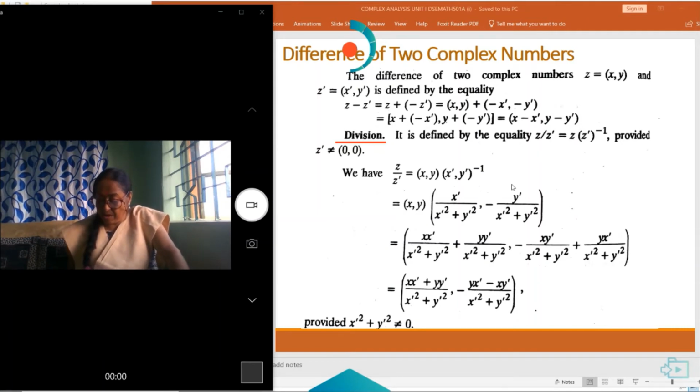Now, division of two complex numbers. Suppose z/z' can be written as (x, y) times the inverse of (x', y'). Now we know the inverse of (x', y') as written, and then we get the values, provided that x'² + y'² is not equal to 0.